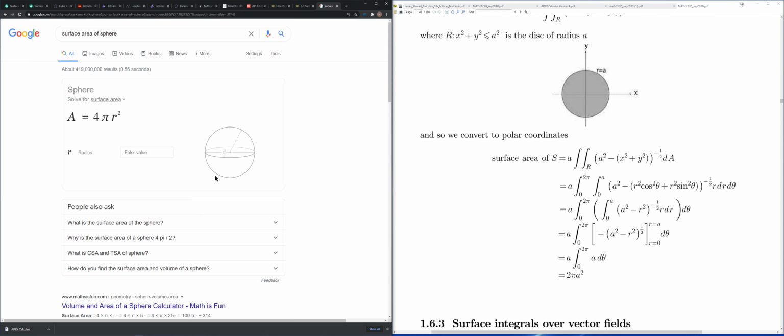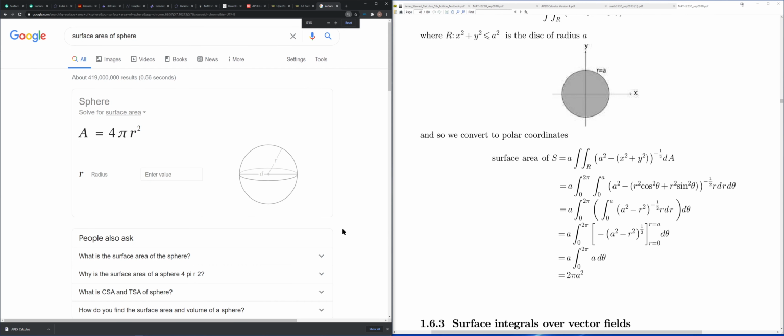Let's recall that if I have a sphere of radius r, then the surface area of the sphere is 4 pi r squared. Here I'm calling the radius a, so the surface area of the entire sphere is 4 pi a squared.